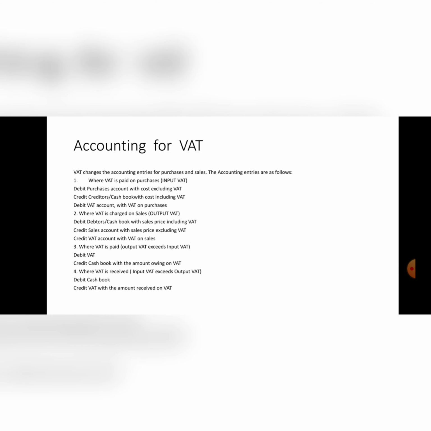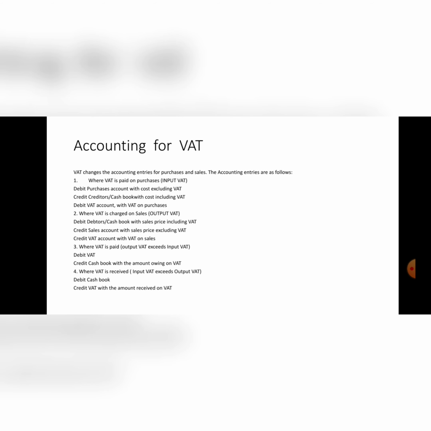So accounting for VAT. How do we account for VAT in the books of accounts? VAT changes the accounting entries for purchases and sales. The accounting entries are as follows. 1. Where VAT is paid on purchases, that is input VAT, you debit purchases account with cost excluding VAT, and you credit creditors or cash book with cost including VAT.